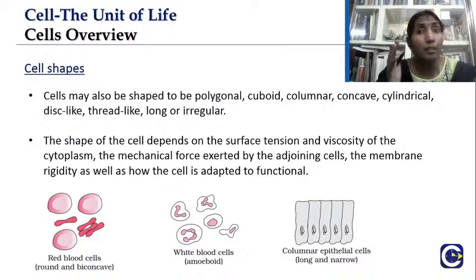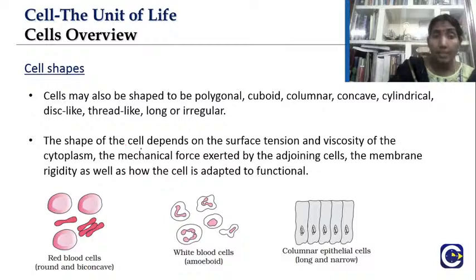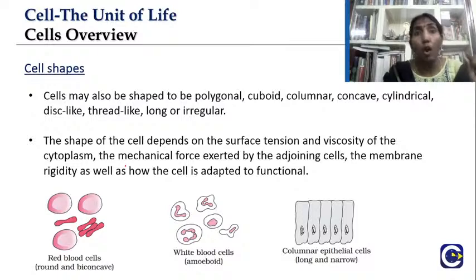Mainly to perform the specific function of transport of the respiratory gases. So the shape is what confers the function of a particular cell. Same way, the shape of a cell depends on the surface tension, the viscosity of the cytoplasm, the mechanical force exerted by the adjoining cells, the membrane rigidity, as well as how a cell is adapted to function. Unless the RBCs are biconcave, they cannot squeeze through the very, very minute capillaries.